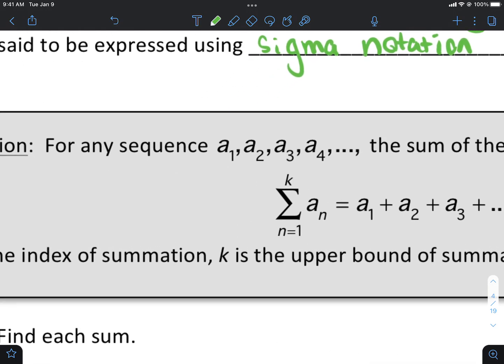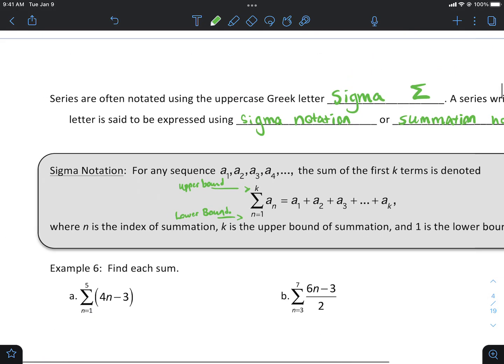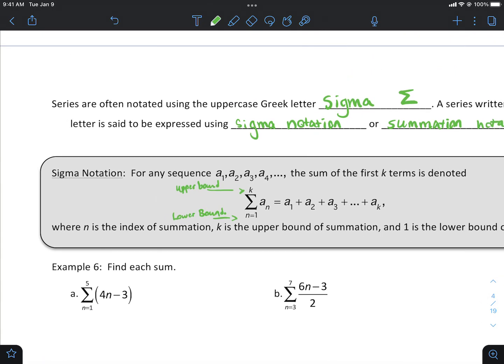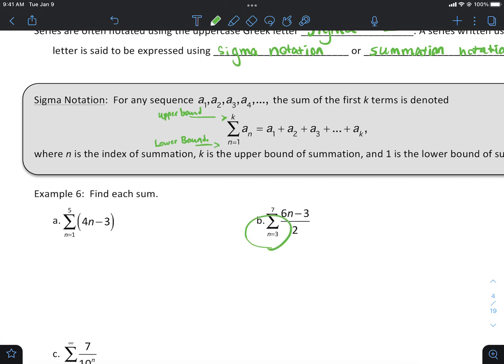So here's how it works. You're going to have an upper and lower bound. This is your upper bound up here, this K, and down here is going to be your lower bound. A lot of times your lower bound is going to be the first term, the A1 term, but you'll see in a second that sometimes you can use different numbers.